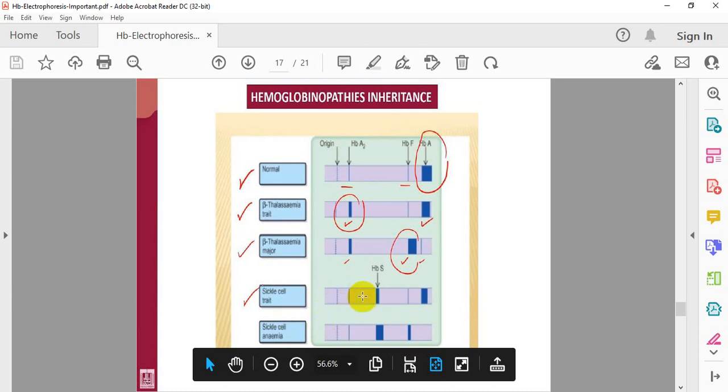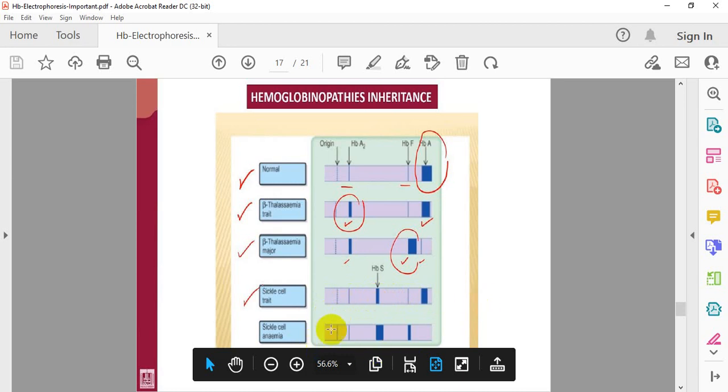For the sickle cell trait, those who are carriers, we call them traits. We have more of the hemoglobin S and more of the hemoglobin A. If hemoglobin A is, let's say, 50%, hemoglobin S is about 40%, and the rest is hemoglobin A2, which is 10%.